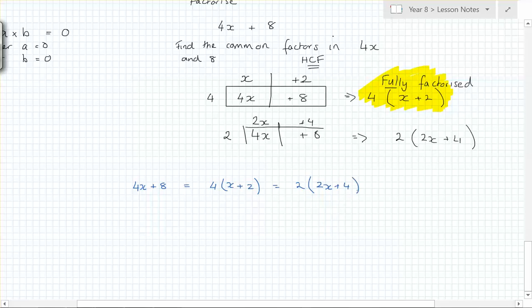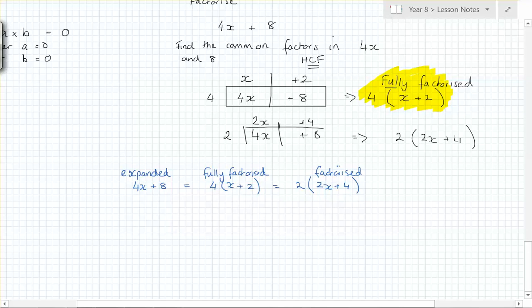They are all equal, yeah? So I've not broken any rules. They're all the same thing, just written in slightly different ways. This way is expanded. This way is fully factorised. This is just factorised.